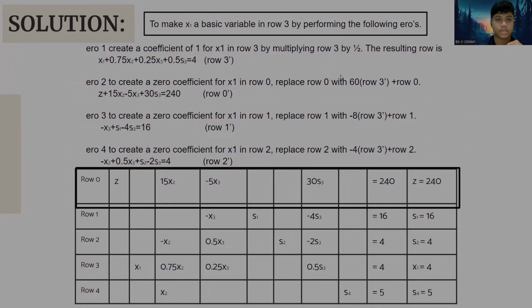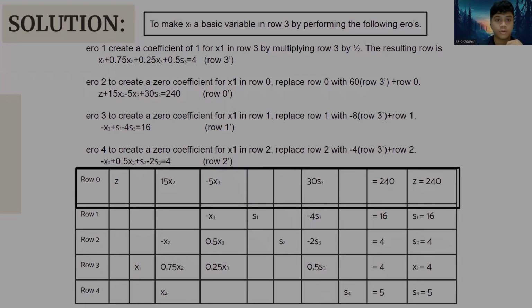To make x1 a basic variable in row 3, we perform EROs. For ERO 1, we create a coefficient of 1 for x1 in row 3 by multiplying row 3 by half.